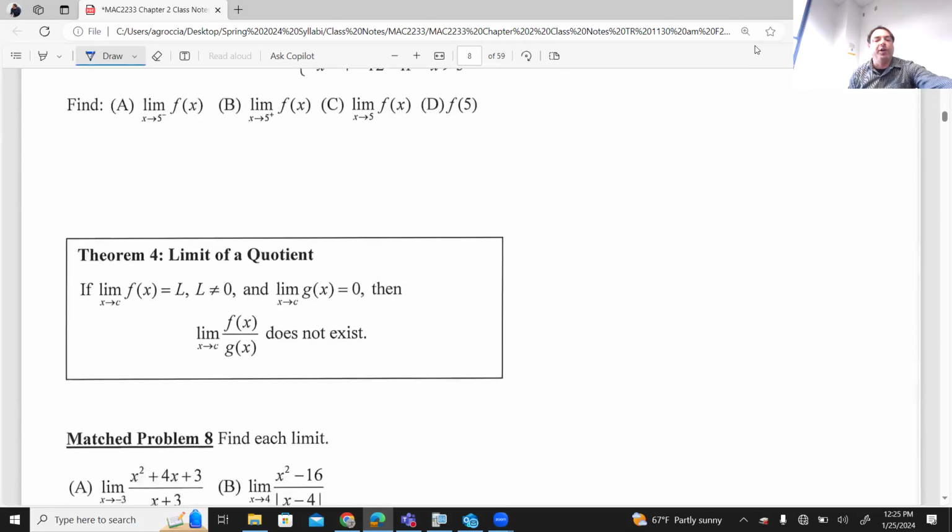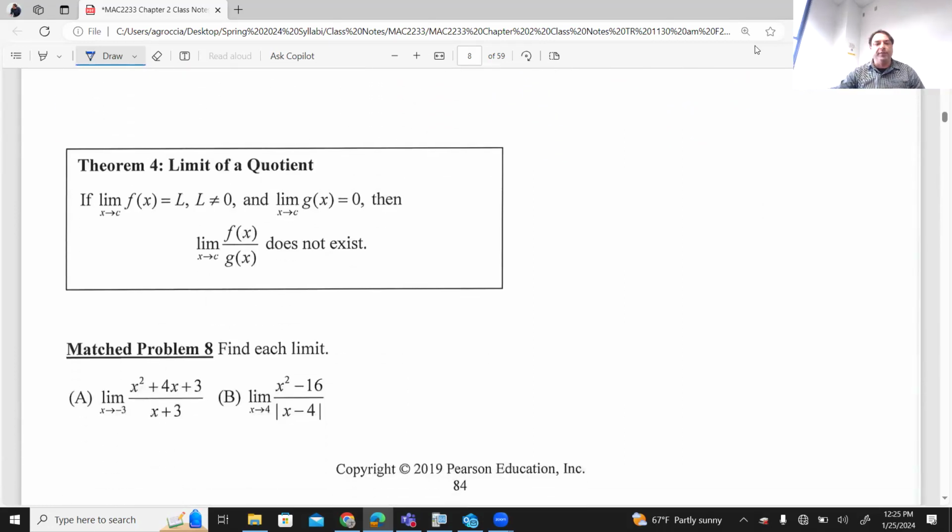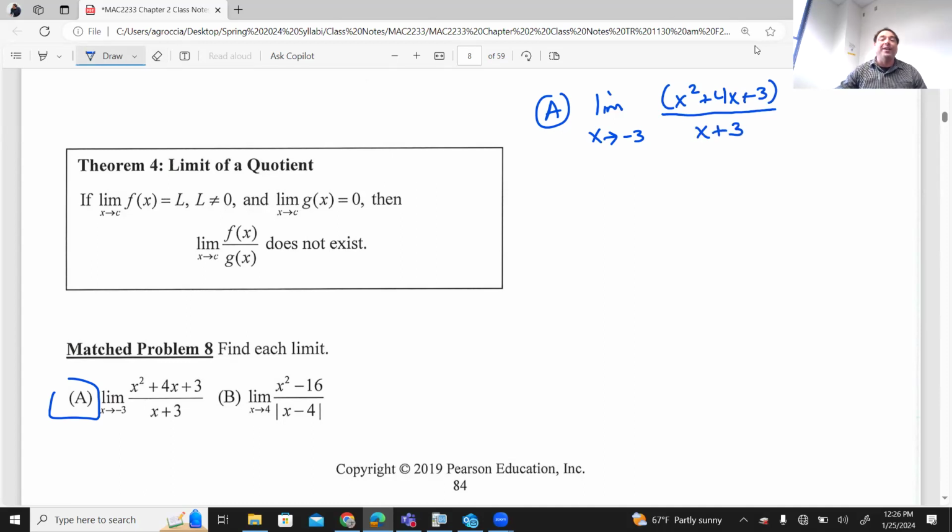So the first example we're going to do, I'm going to put it up here so we have a little space, is A. A says the limit as x approaches negative 3 of x squared plus 4x plus 3 divided by x plus 3. Now, I do have a little disclaimer. You should always simplify first, then deal with it. But I'm going to leave it as is for this example.